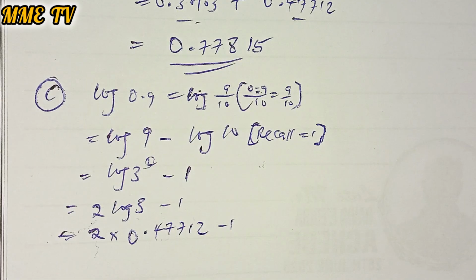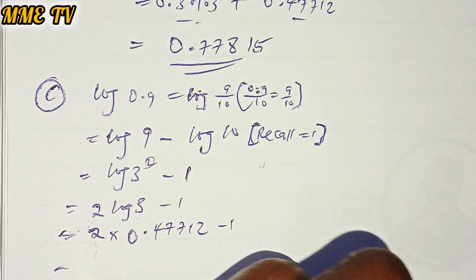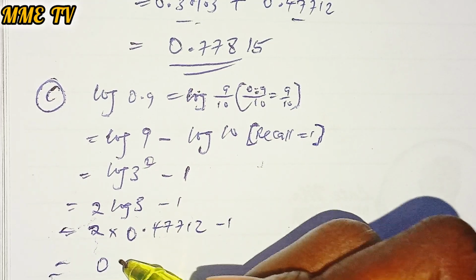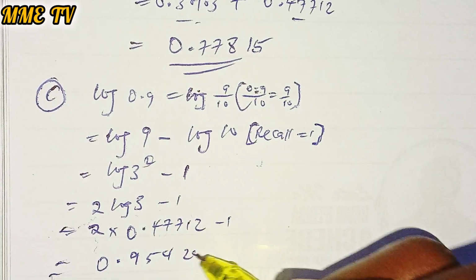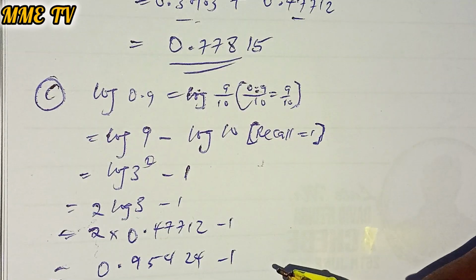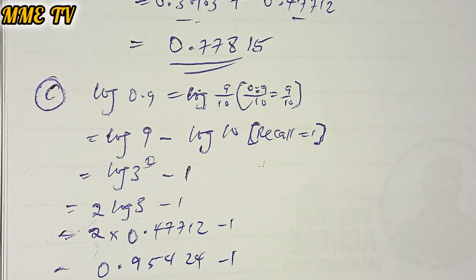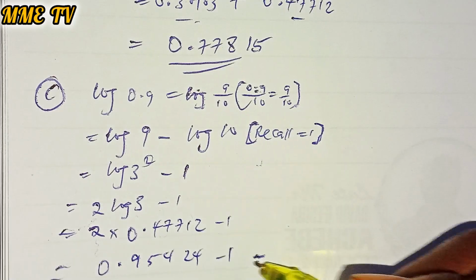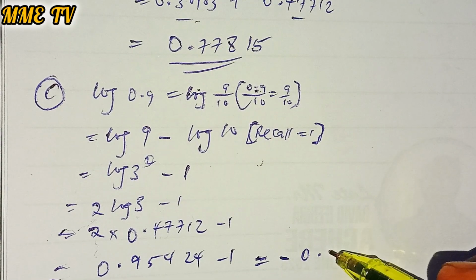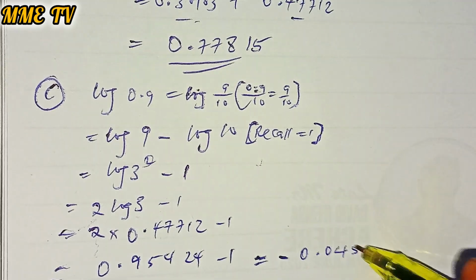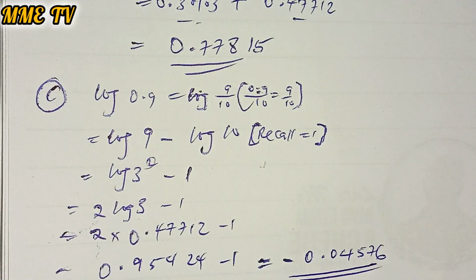I will use 2 to multiply 0.47712, which when you multiply, the value is going to be equal to 0.95424 minus 1. Therefore, when this is multiplied, the final answer is going to be minus 0.04576. That's the final answer.